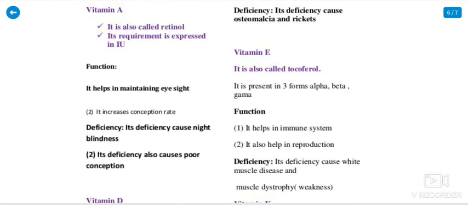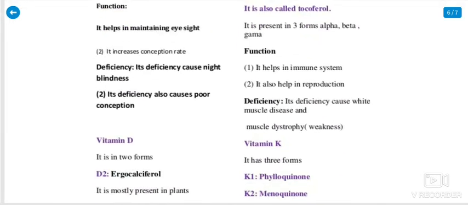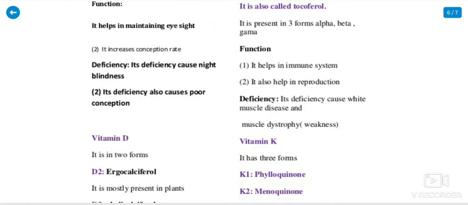So vitamin E is called tocopherol. It is present in three forms: alpha, beta, and gamma. Its function is to help the immune system. It also helps in reproduction. Deficiency of vitamin E causes white muscle disease, that means muscle dystrophy and muscle weakness.